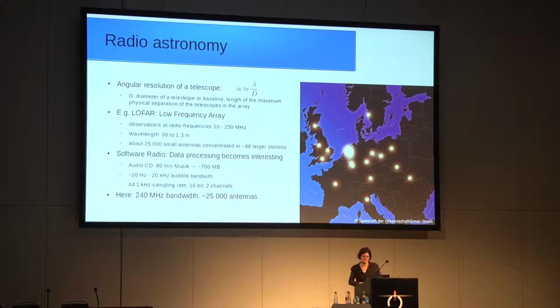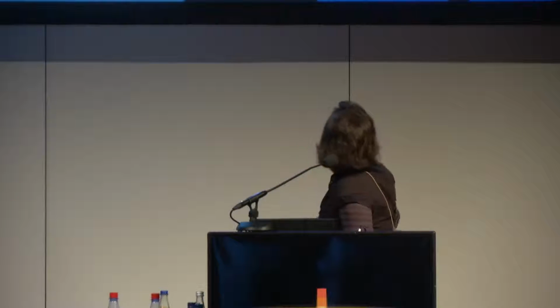They built the latest station in Germany near Bremen or Bremerhaven, something like this. Within LOFAR, the angular resolution goes down to 0.21 arc seconds, and the widest baseline is something like 1,000 kilometers, at the highest frequency.